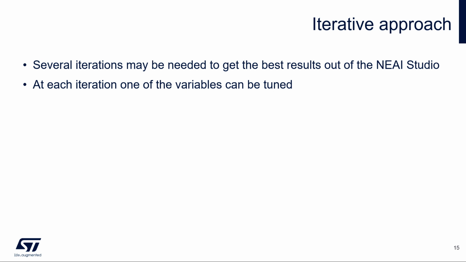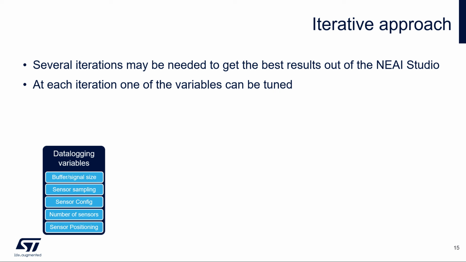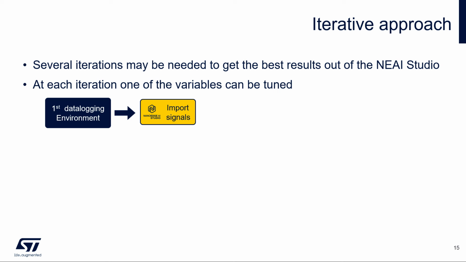The first step is to define a data logging environment by selecting its variables and creating an associated data logger application. The collected signals are then imported into the NanoEdge AI Studio that will test millions of combinations of signal post-processing, machine learning models, and associated hyperparameters, and produce a ranking of these combinations based on their ability to fulfill the objective.